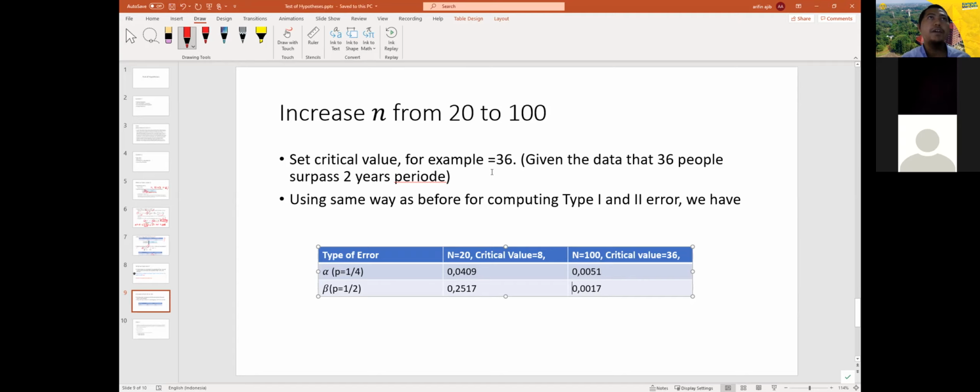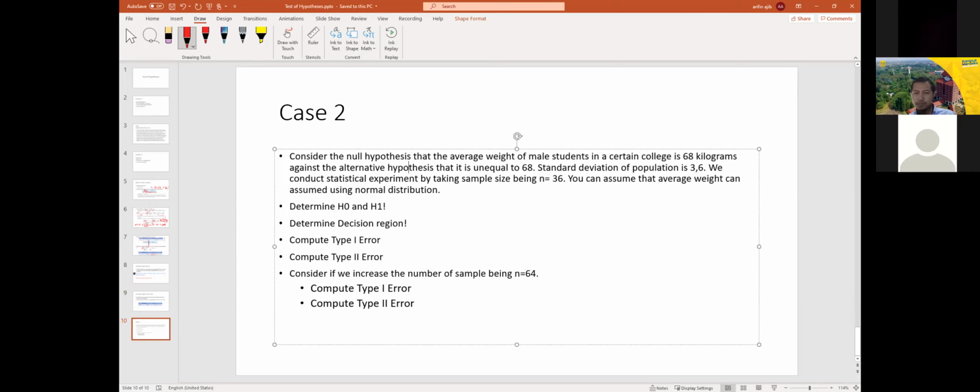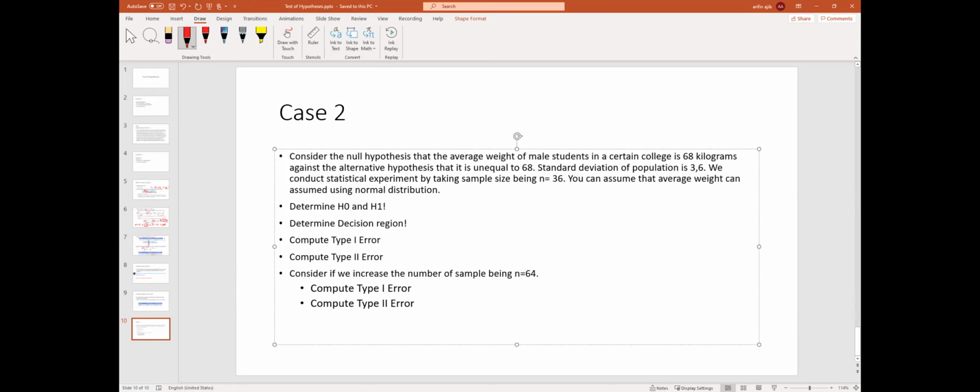If no question, I have an exercise here. Exercise. Please, everyone. Maybe we have so many students here. Maybe you have 20 until 30 minutes to conduct this exercise. Please conduct by group.